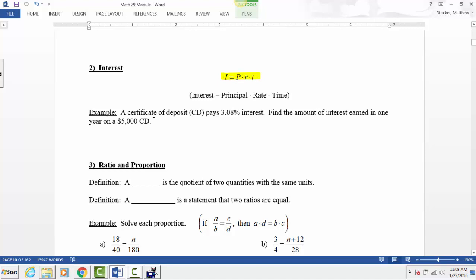So it says a certificate of deposit pays 3.08% interest. Find the amount of interest earned in 1 year. So we have 1 year on a $5,000 CD. And look, so the principal, this is the amount invested.